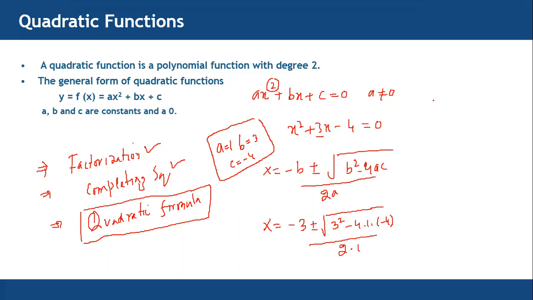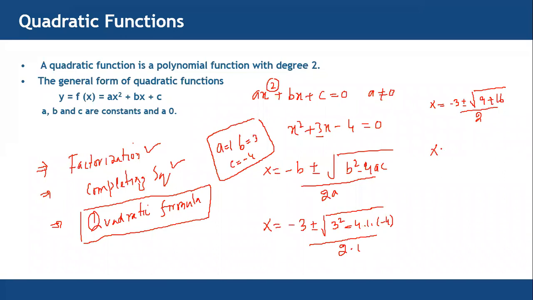This means that x is equal to minus 3 plus minus the square root of 3 square, 9, minus, and you can see minus multiplied by minus equals plus, so we have plus 16, divided by 2.